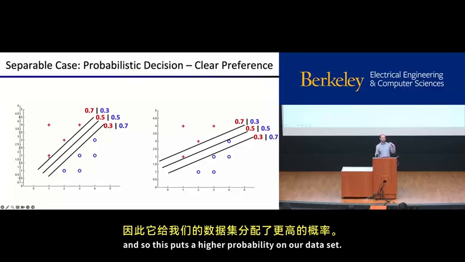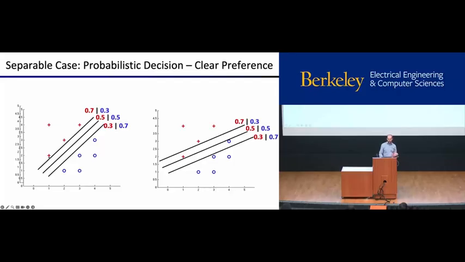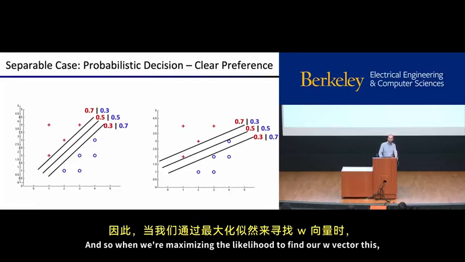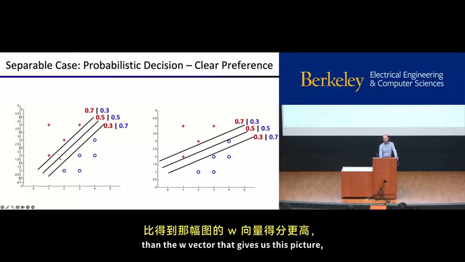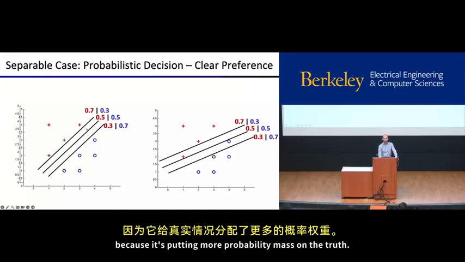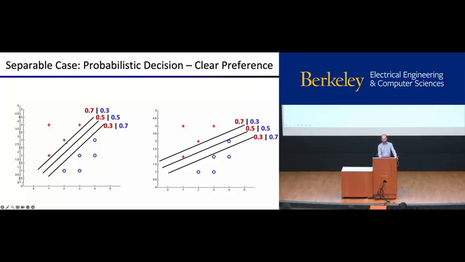And so this puts a higher probability on our data set. When we're maximizing the likelihood to find our W vector, the W vector that gives us this picture gets a higher score than the W vector that gives us this picture, because it's putting more probability mass on the truth.